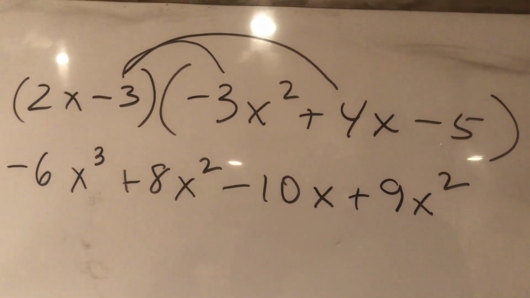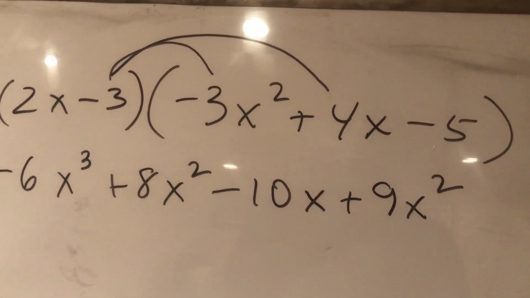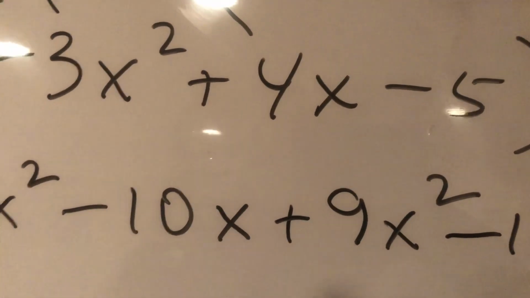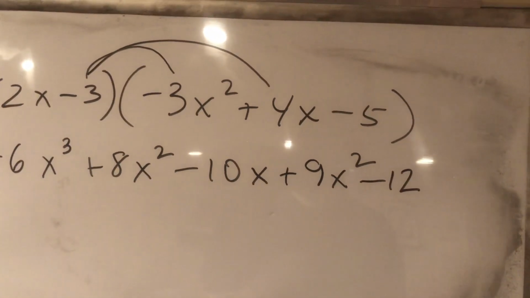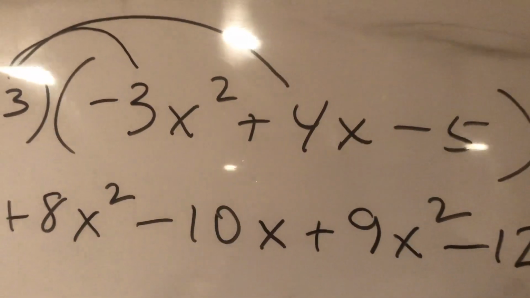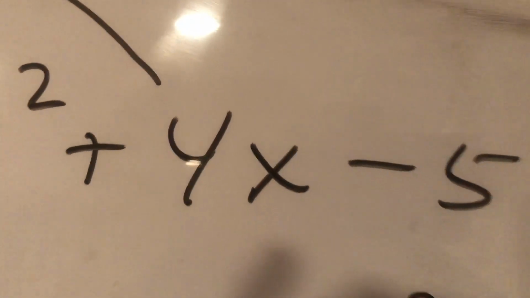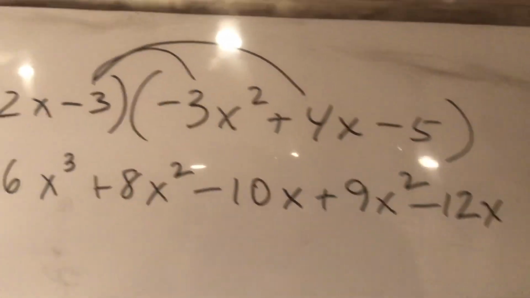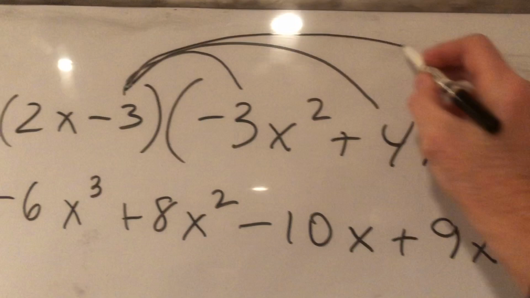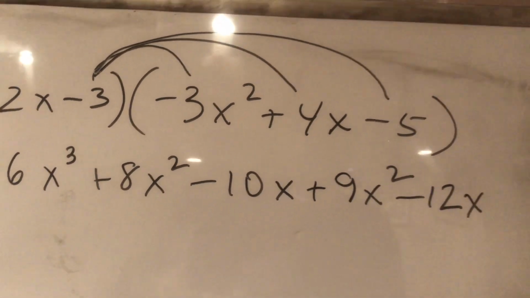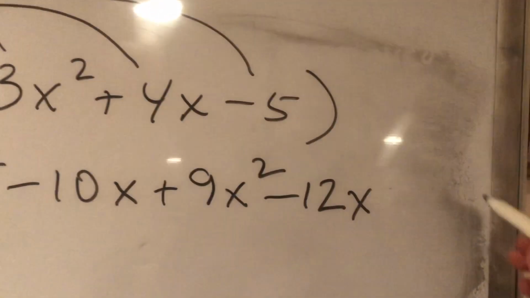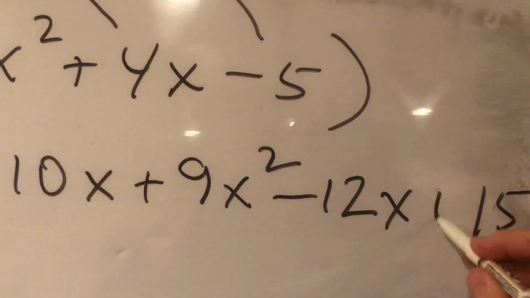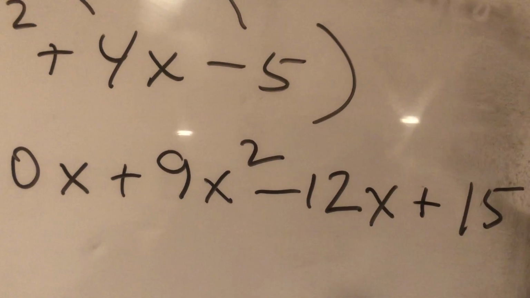So we know when we multiply 3 times 4, we get 12. And a negative times a positive is a negative 12. All right, and then we bring the x from right here down and get negative 12x. And then last but not least, 3 times 5 is 15, and a negative times a negative is a positive.